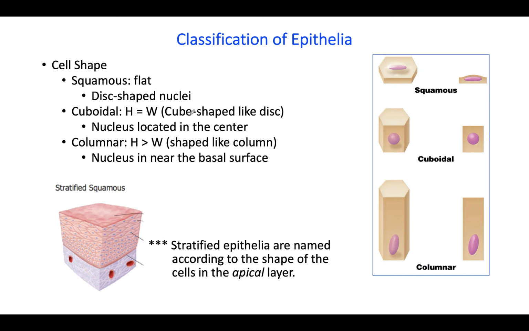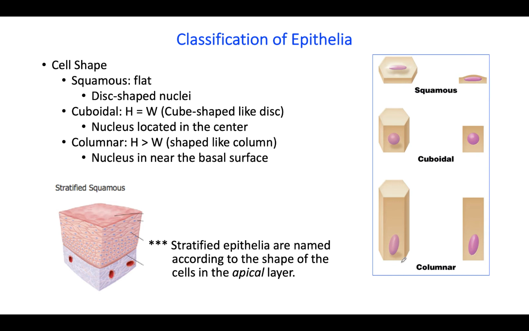In other words, height and width are almost the same, and the nucleus is located in the center. Columnar means the height is more than the width. It looks like a column, and the nucleus is located not in the center, but close to the basal surface.